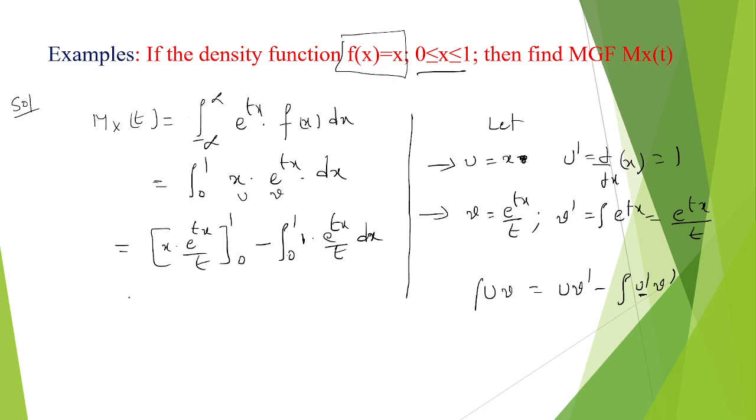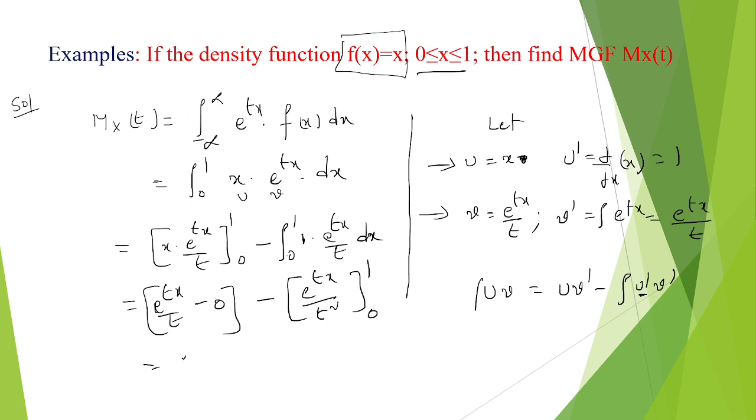Now substitute the limit 1 into x e^(tx)/t, minus the value at 0, where x is replaced by 0 and gives 0. So the first term is completed. Then go for the second term. Again, the integration of e^(tx)/t is e^(tx)/(t squared), with limits from 0 to 1.